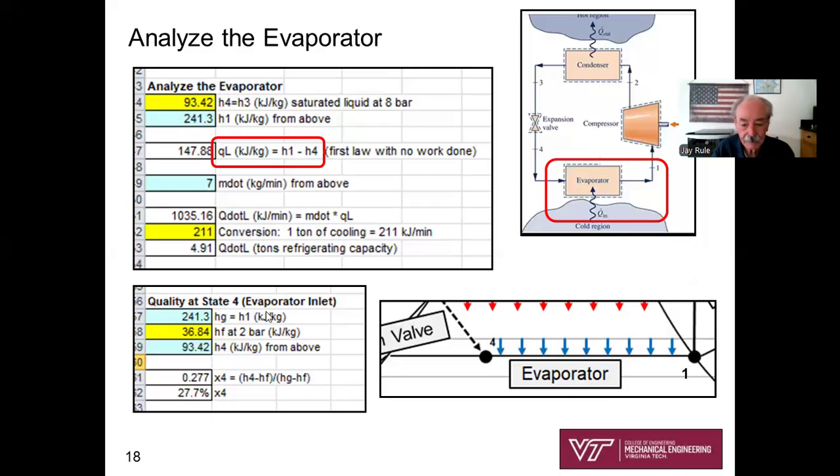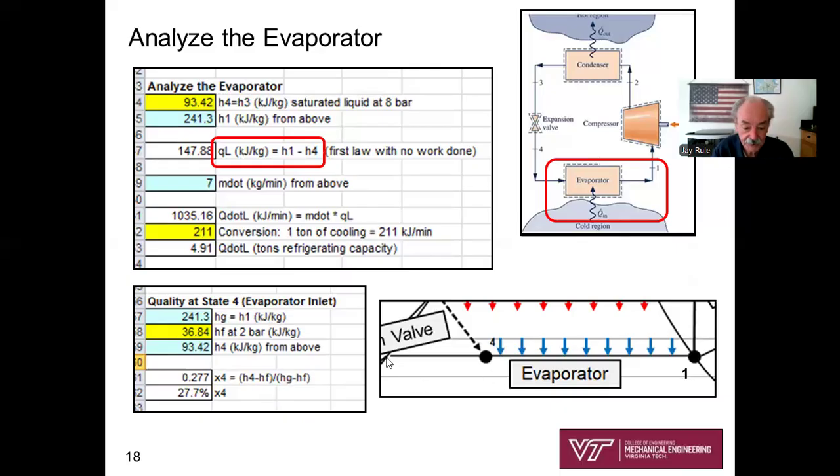Let's see. How do I get x4? Well, I have h4. All I have to do is look up h sub g and h sub f. I wish I'd have labeled that here on my sketch, h sub g and h sub f, okay? And I wrote both of them down, and here's 36.84 that I had way back that I saved off to the side, okay? h4, just got to look at that from above, and we're going to apply the definition of quality.